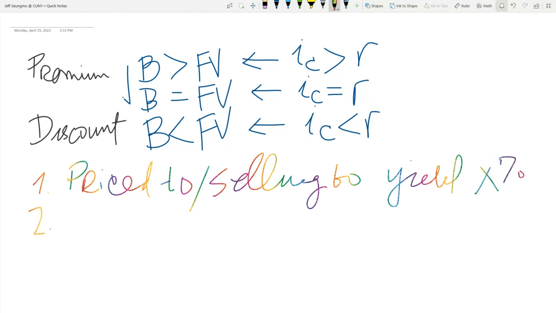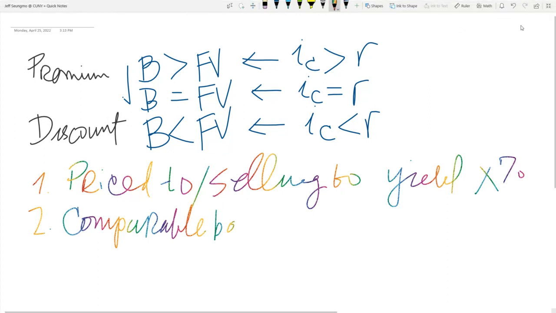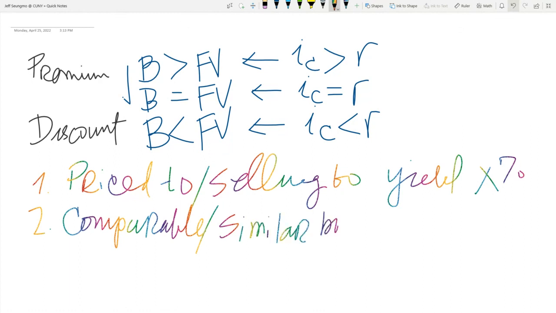That's one way. And the second way: comparable bonds, also similar bonds, comparable or similar, yield X%. What does that mean?